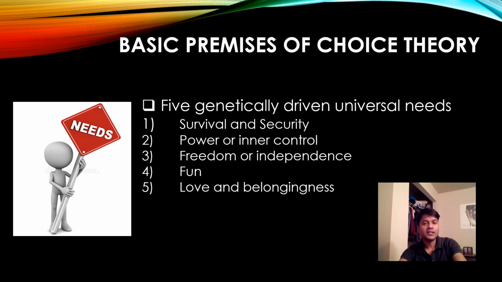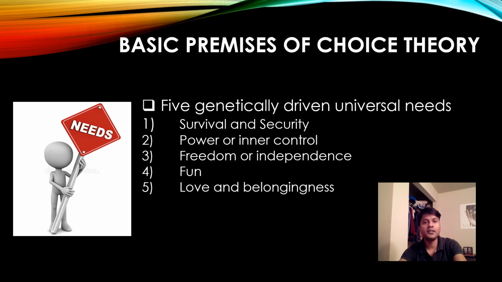What are these needs? The first one he talked about is the need for survival and security. This need is a physiological need which includes the need for food, shelter, safety. And because we have a genetic instruction to survive not only as individuals but as a species, this includes the need to reproduce.